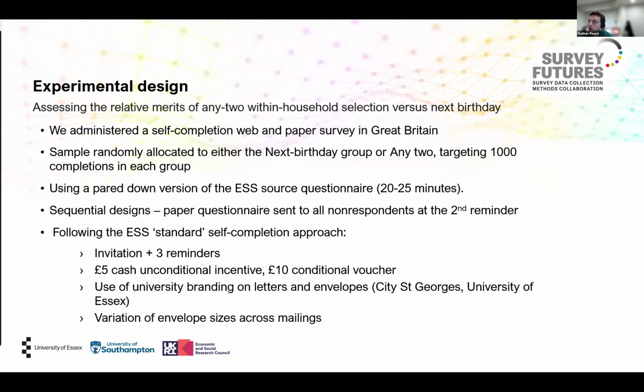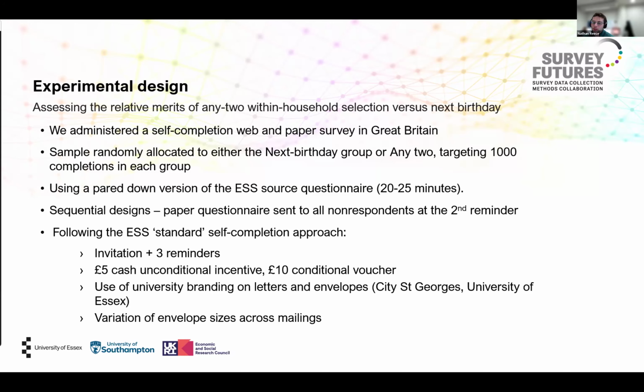We did this over the summer in the past year. We used a pared down version of the ESS 12 source questionnaire that takes around 20 to 25 minutes to complete. We were targeting around 1,000 completions in each group for next birthday and any two. We used sequential designs.